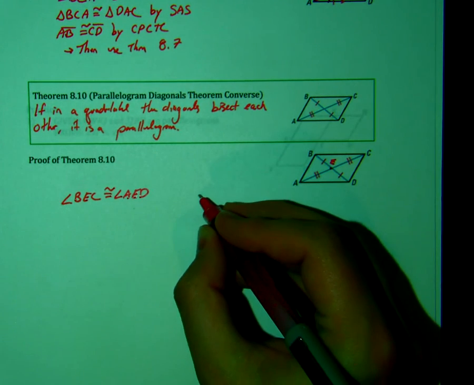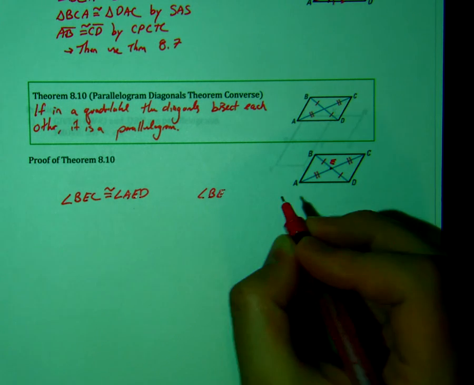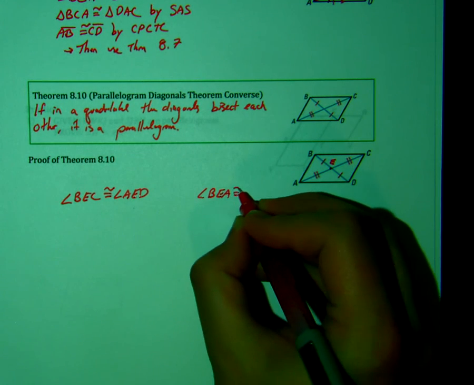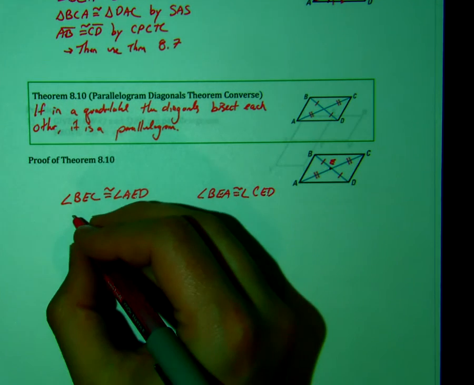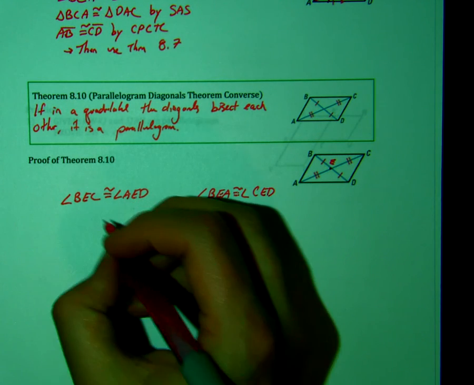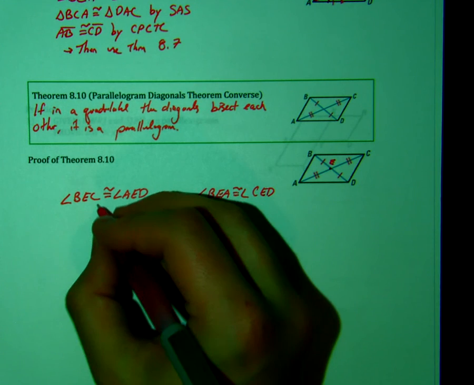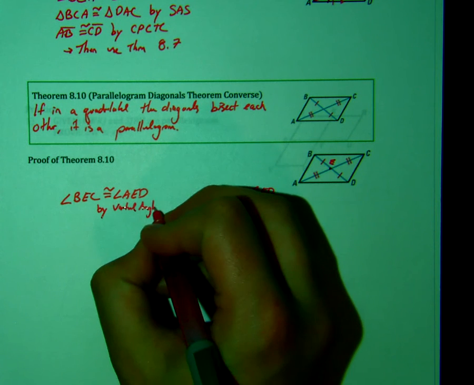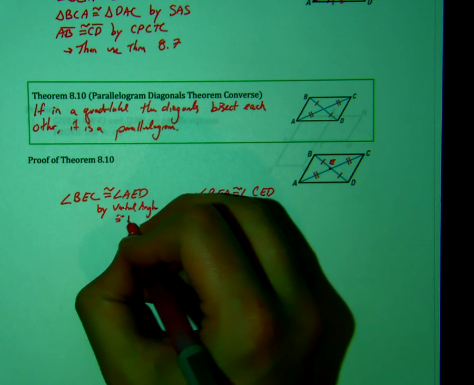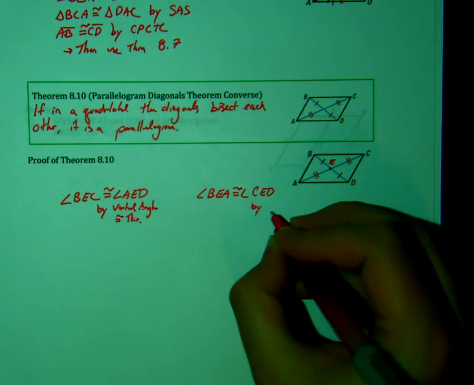And we also have that angle BEA is congruent to angle CED. So these are both vertical angles, so these are both by the vertical angle congruence theorem.